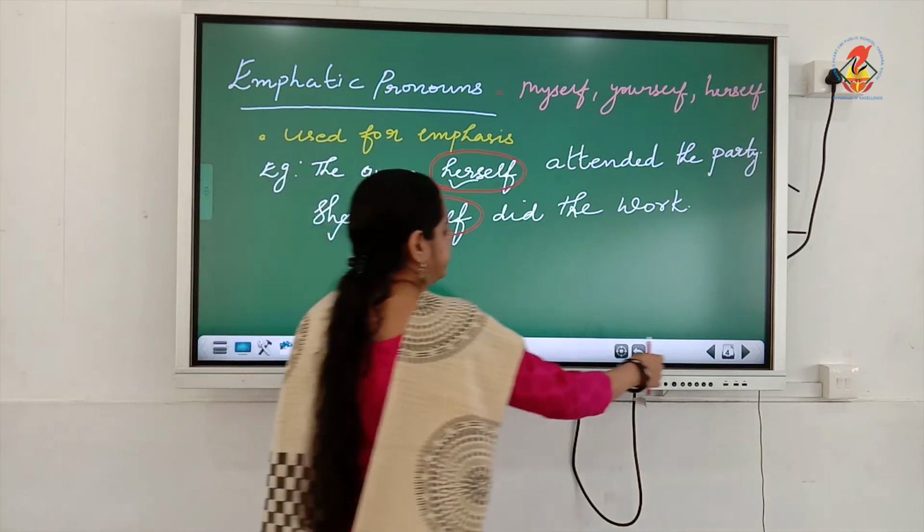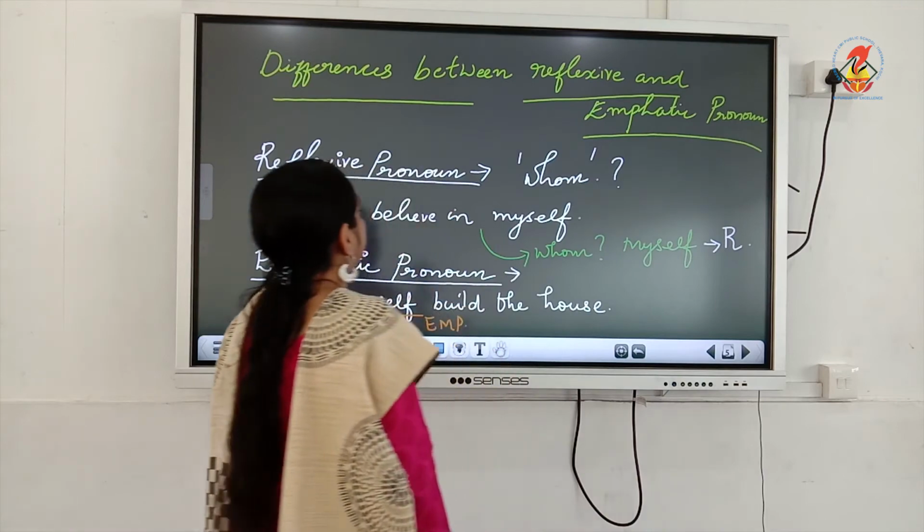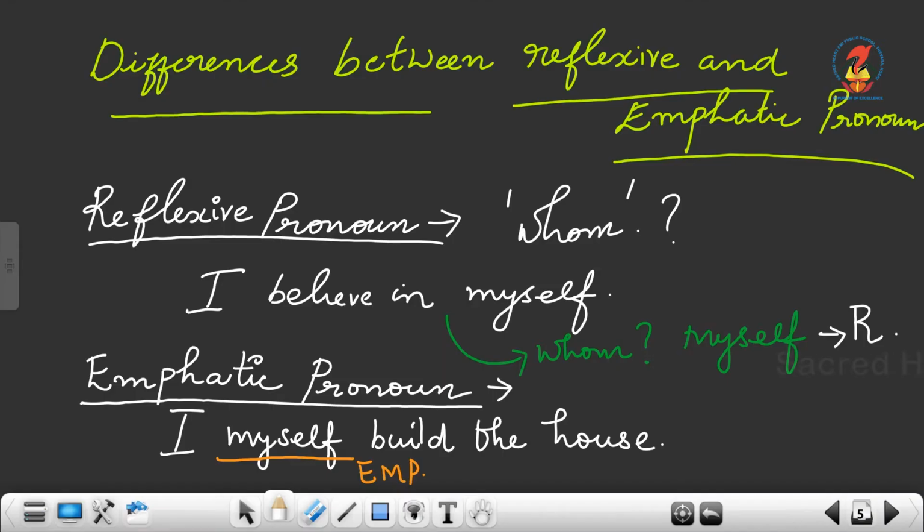Now, what is the difference between reflexive and emphatic pronouns? Reflexive pronoun answers whom. I believe in myself. One example, see, I believe in myself. I am asking the question, I believe in whom?